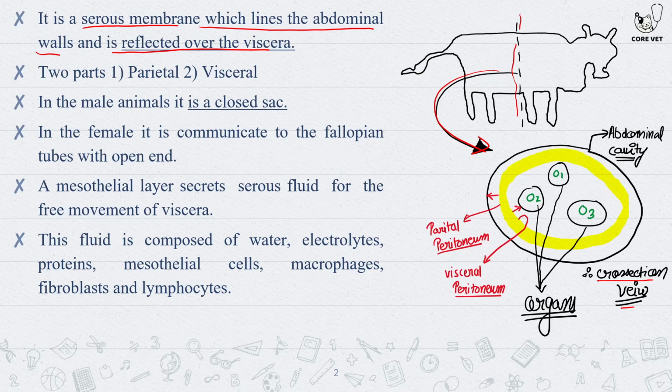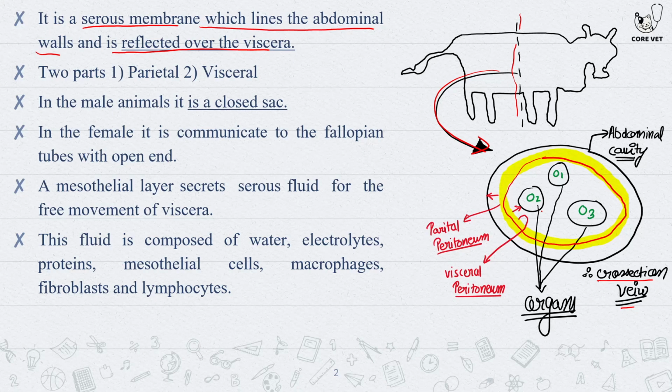Now O1, O2, and O3 are surrounded by a certain membrane, a serous membrane. What I am encircling is a serous membrane, which is enclosing three organs. I'm not saying that the abdominal cavity contains only three organs, but for explanation, consider them as O1, O2, and O3.